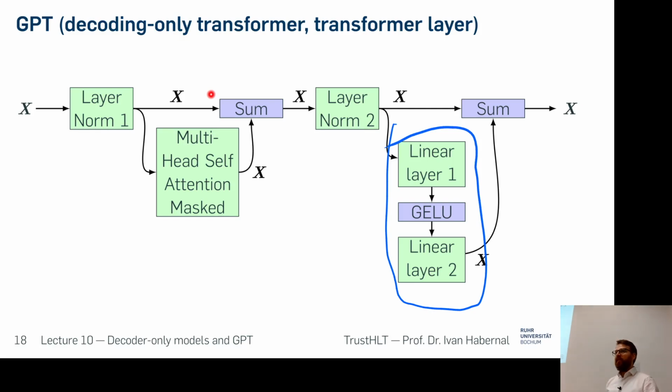So you want to pass information as it is, and maybe on the side do some crazy things with attention, and if the attention is not helpful at this moment, you still want to keep the information flowing from the input. Because if you stack this up, this is just one layer, but these are one after each other.